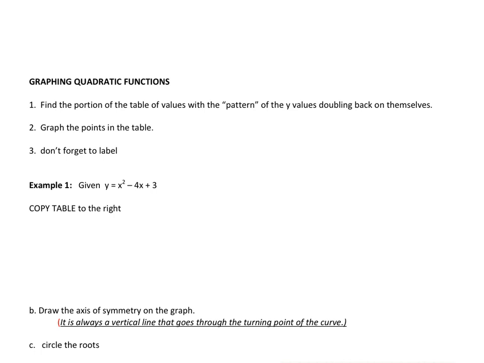So given y equals x squared minus 4x plus 3, I'm going to go to Desmos, or I'm going to go to my calculator, and I'm going to graph it. So taking out my TI-84 Plus Silver Edition that I got in high school for Christmas, I type in y equals x squared minus 4x plus 3, and I hit second graph.